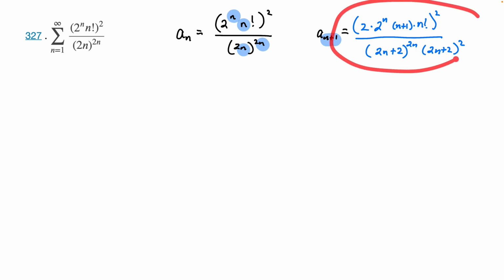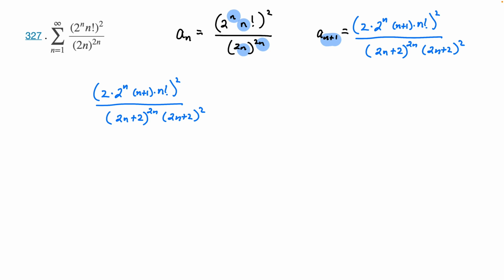Good. So let's copy this guy over. Copy that guy. And then when we copy this guy, we'll write it down over here, but we'll write it as the reciprocal.